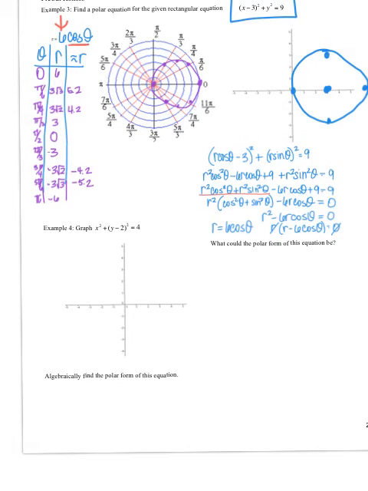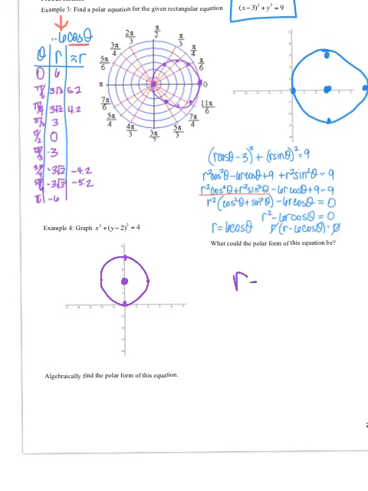So in this example, our center is 0, 2, and our radius is 4. So our circle looks like that. So let's think about what the polar form of this equation could be. Let's think about the patterns from up above, and let's think what is the best option.